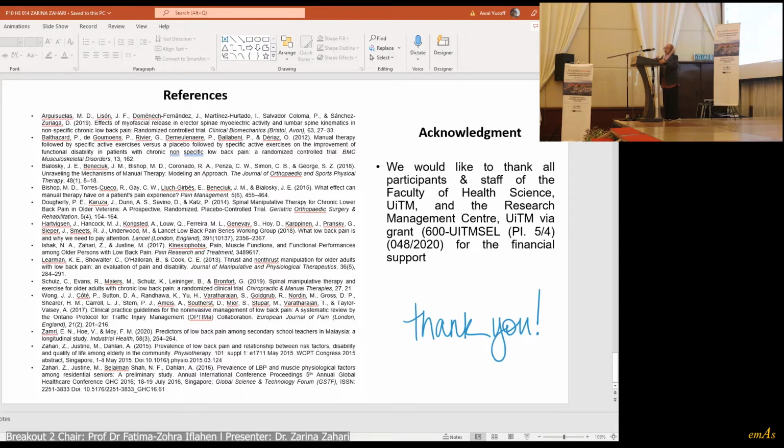So therefore, what has been practiced outside is general physiotherapy, and it is also recommended by the global guidelines for low back pain management. There is no specific guideline yet for the physiotherapy management for the elderly.